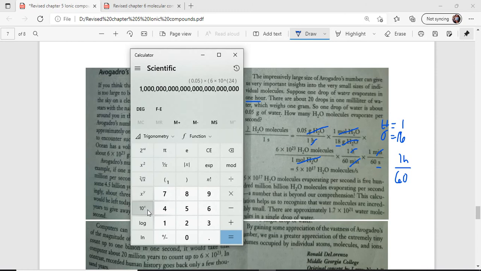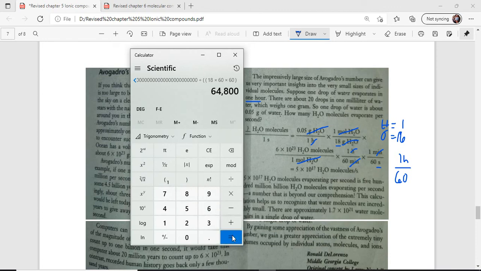So it would look like that, and close, equals. It is the same as the value on top. Below it, the denominator is 18 times 60 times 60. So I will just divide it by 18 times 60 times 60.